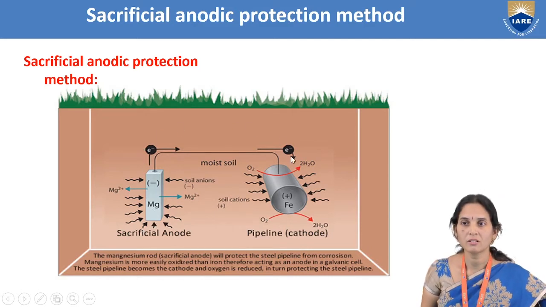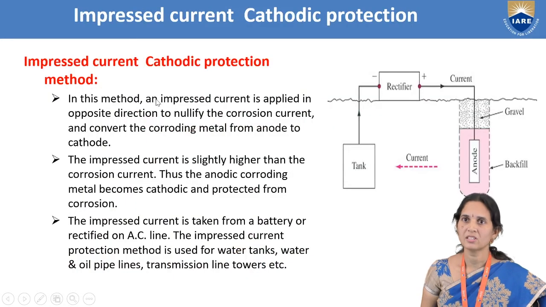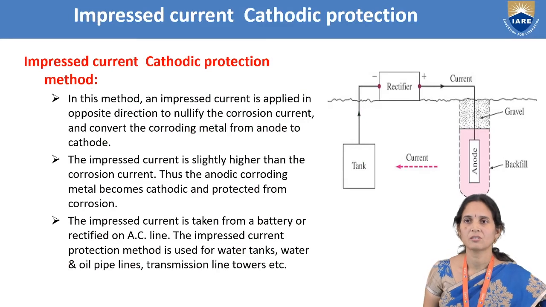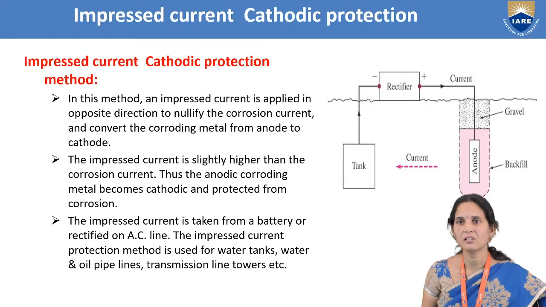Those electrons are taken by the iron pipe, which undergoes reduction. Now we have completed the sacrificial anodic protection method: we protect the base metal by connecting it to another metal that is more active than the base metal.